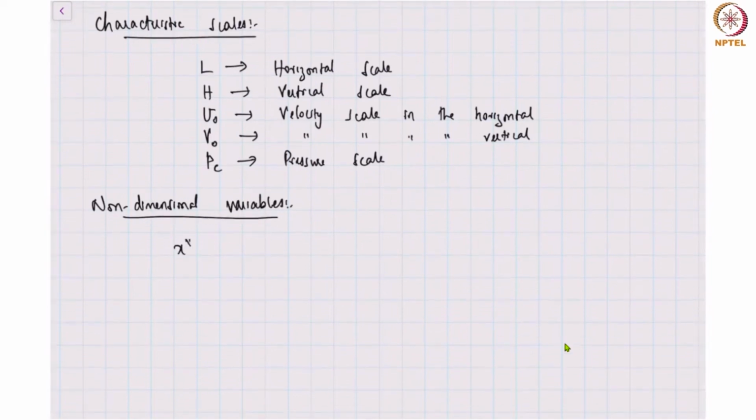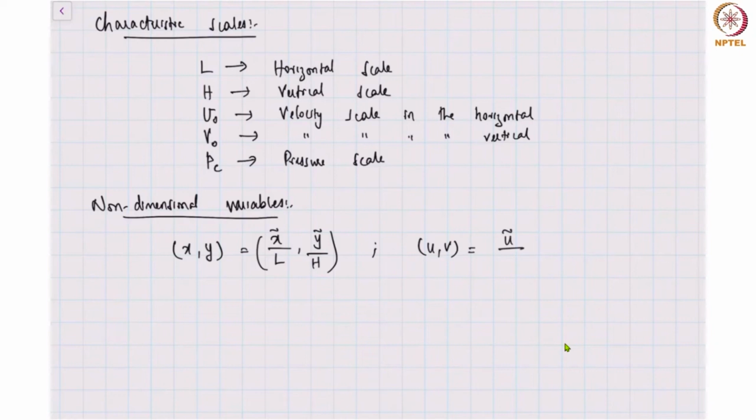So x star, or let's call it x, and y would be x tilde by L and y tilde by H. U and V, the non-dimensional horizontal and vertical velocity, would be U tilde by U naught and V tilde by V naught.